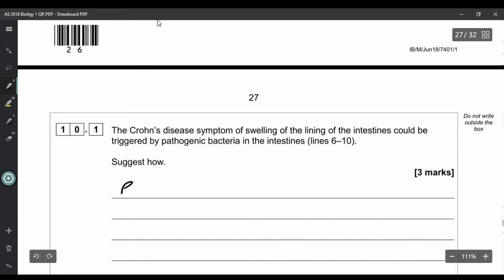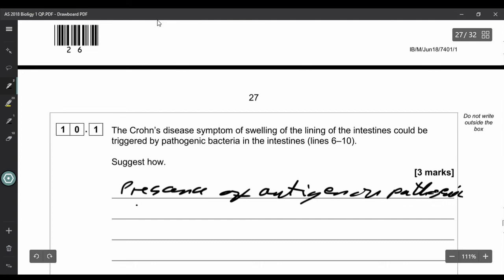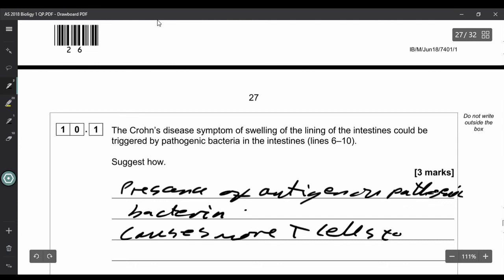So we can say the presence of the antigen on the pathogenic bacteria, because we've got to suggest how it's triggered by the pathogenic bacteria, causes more T cells to be produced.